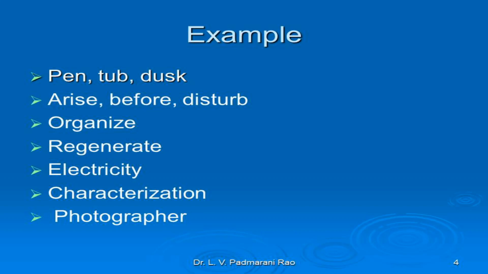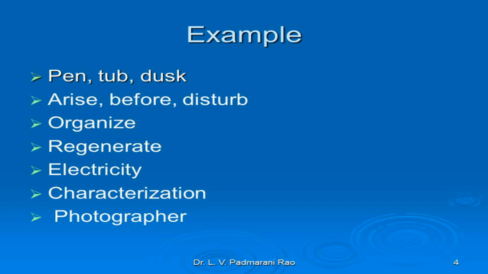But in bigger words like arise, before, disturb, organize, regenerate, characterization, electricity, photographer, sometimes it becomes very difficult to identify the syllable. The rule that a syllable is one or more phonemes with a mandatory vowel sound in it helps us in the identification of the syllable.